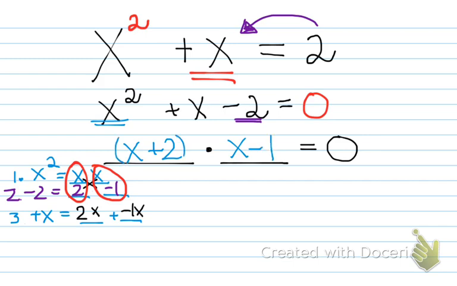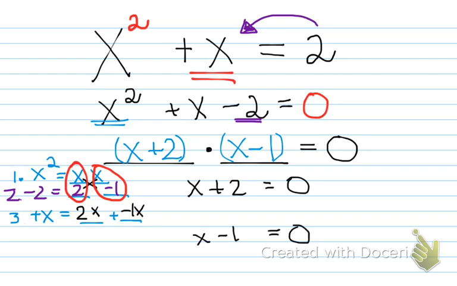Be sure to write parentheses since these are multiplied together to give us the three numbers x squared plus x minus 2. Now that we have the two factors, we take each factor and set them both equal to 0.